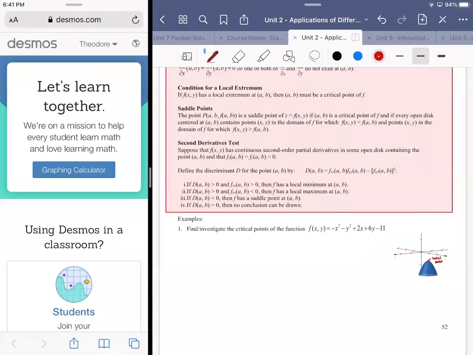It doesn't really help. A saddle point is a point that satisfies a lot of the conditions for local extrema, but maybe too many of the conditions. A saddle point satisfies conditions for being both a local minimum and also a local maximum at the same time. Because remember, in 3 dimensions, you're not just coming in from the left and from the right.